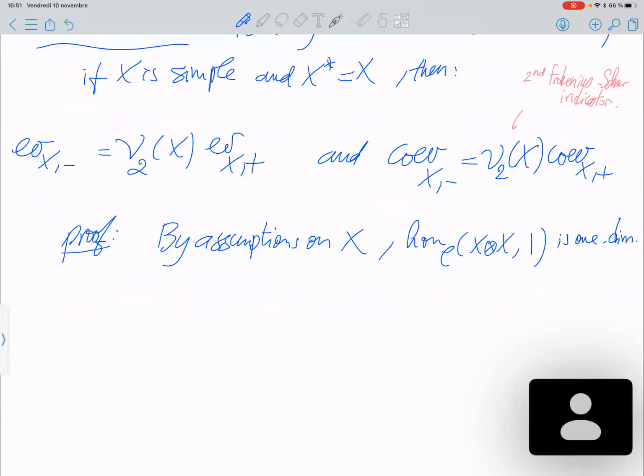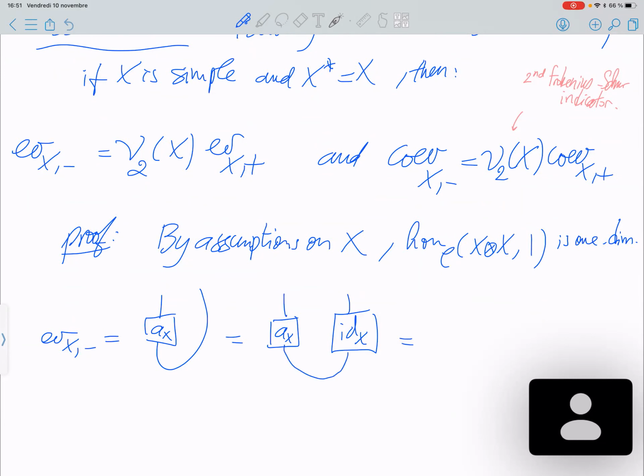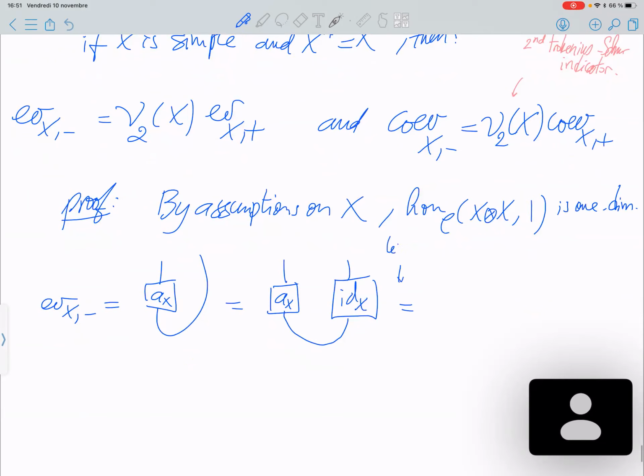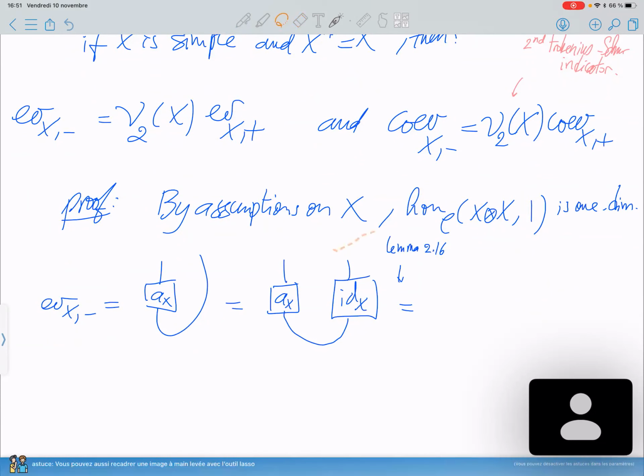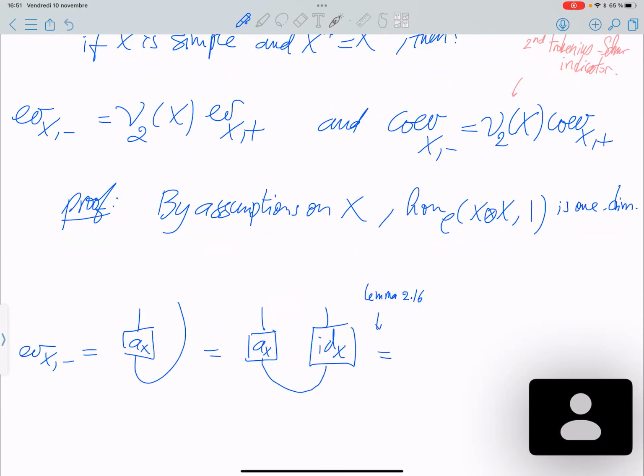Okay. So evaluation of X minus is by definition like that, where we write explicitly the identity, and then we apply lemma 2.16 with kappa equal to the identity of X. This lemma involves some morphism kappa.